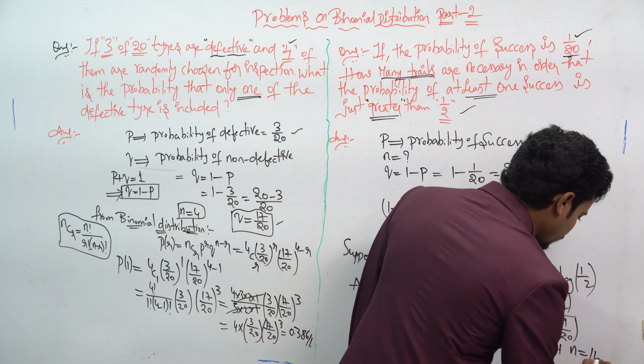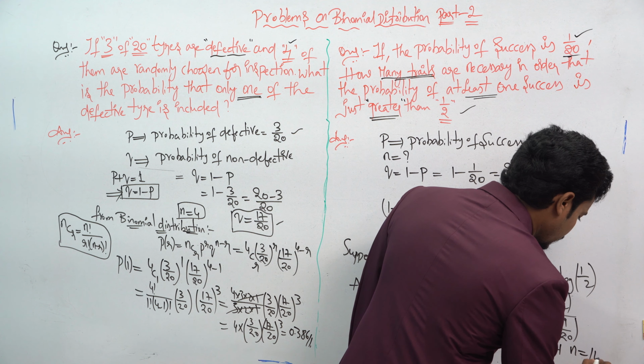Find the mean number of successes, and the standard deviation and variance. This was the question they asked.